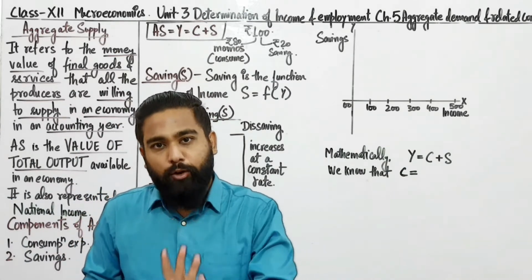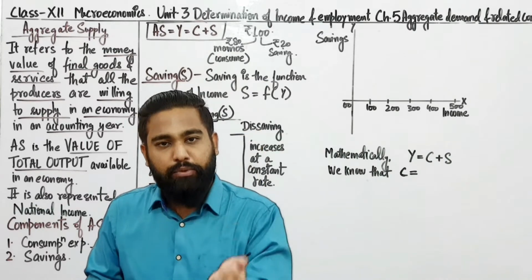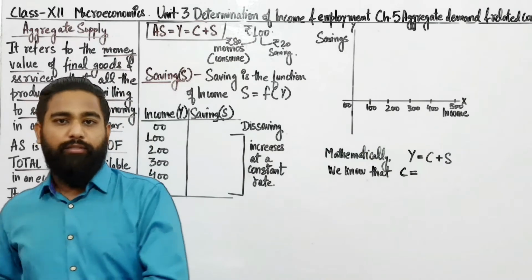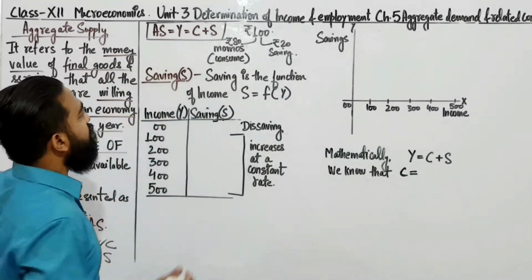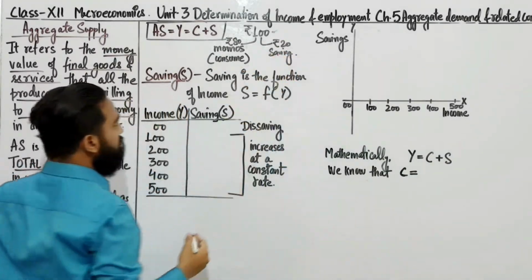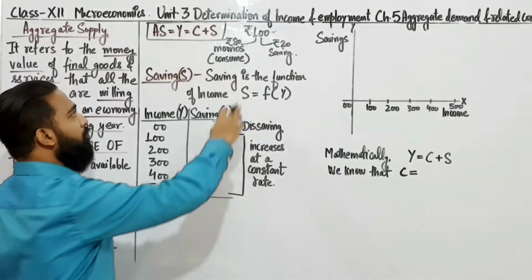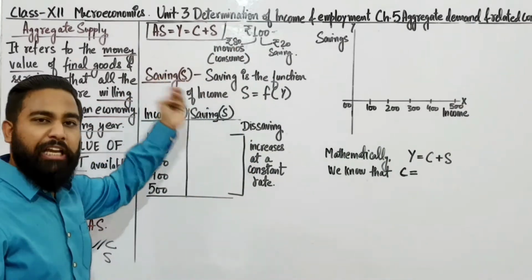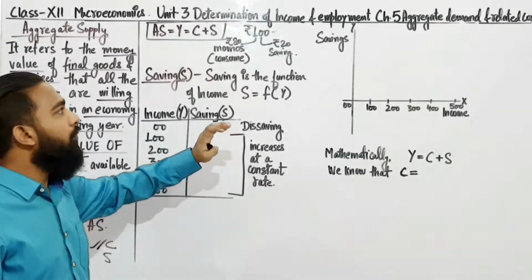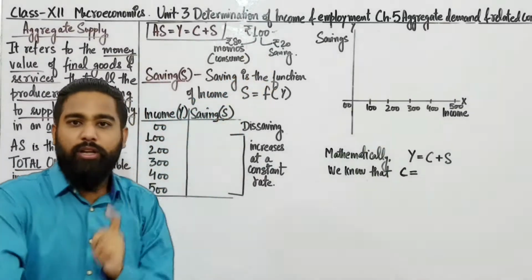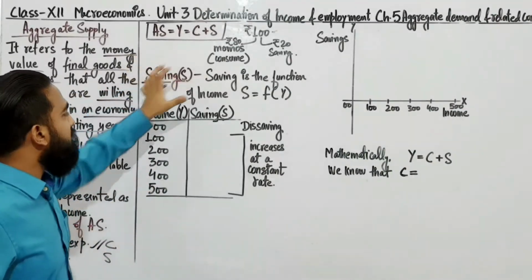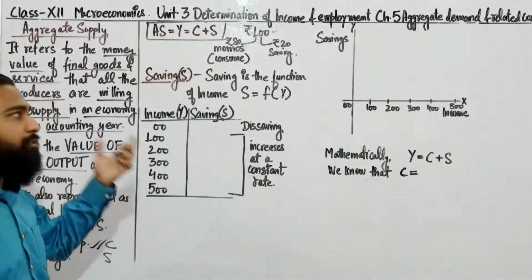The only two things you can do with your income are consumption and saving. If you have 100 rupees, most of you will go to the market and spend 80 rupees on momos. You will eat it, you will consume it, and 20 rupees you will save for the next week. That's how the components of aggregate supply work.